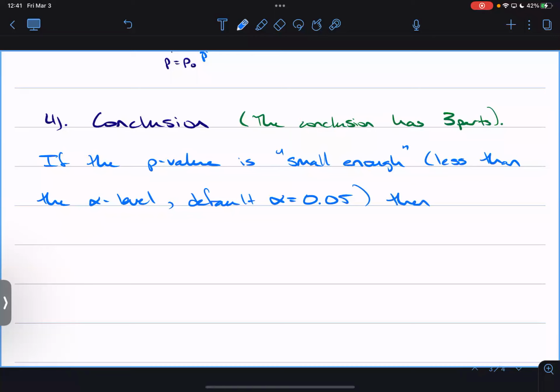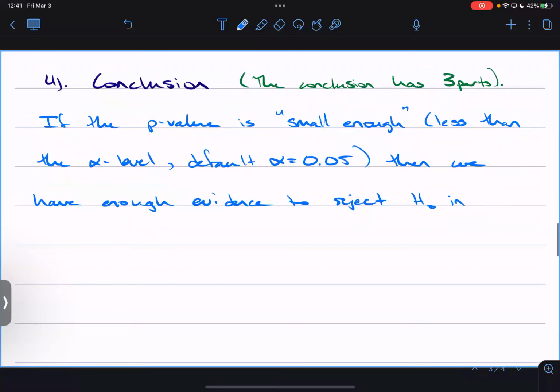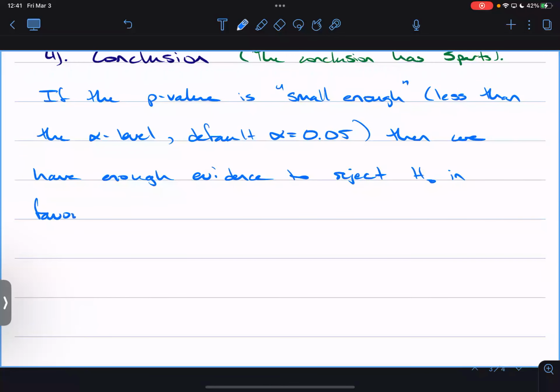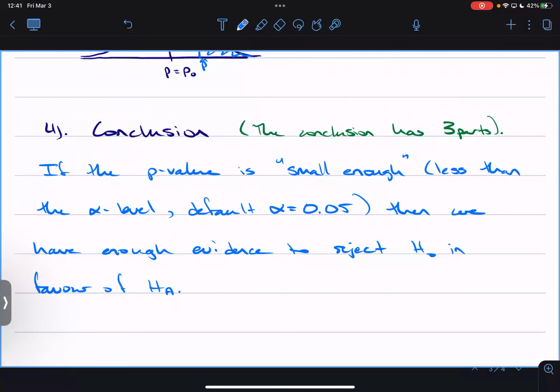So then we have enough evidence to reject H naught in favor of HA. The alpha level. So this is alpha.